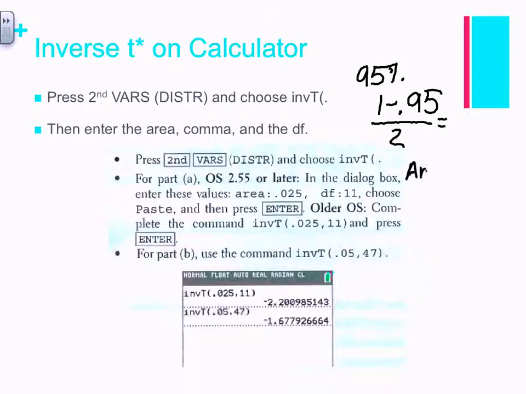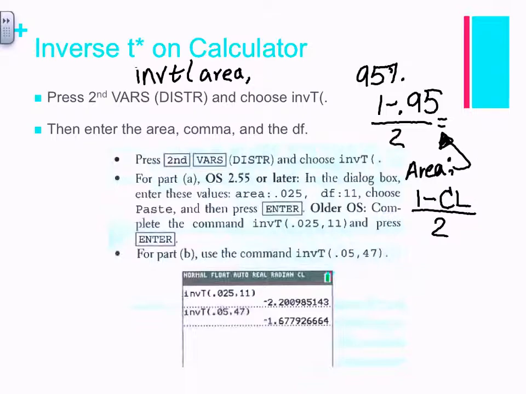You're talking about an area under the curve that's found by doing that. So 1 minus your confidence level divided by 2 is your area. So that's the one part that's going under your inverse T. Okay, so that's your area.